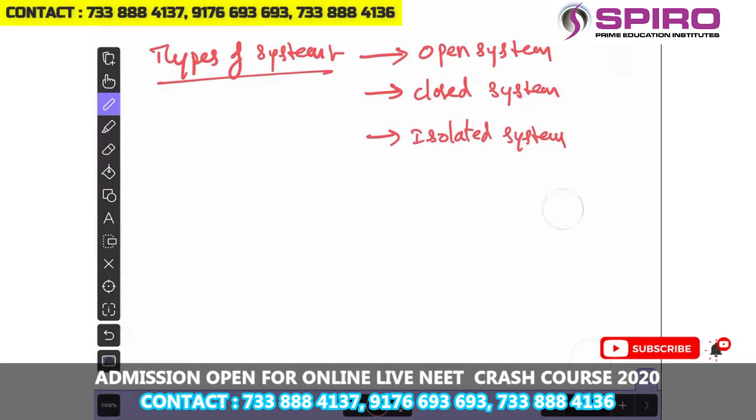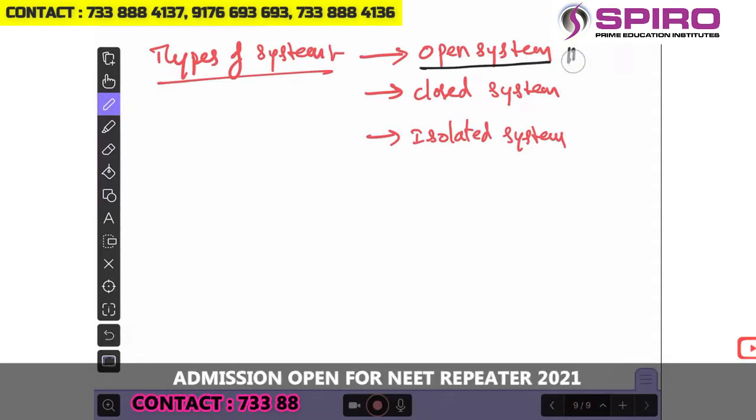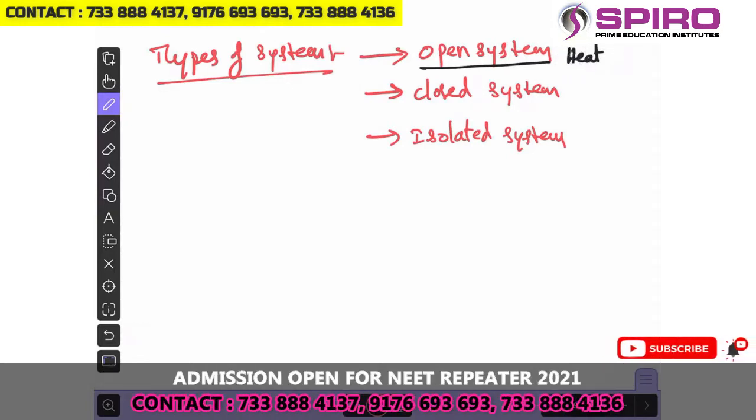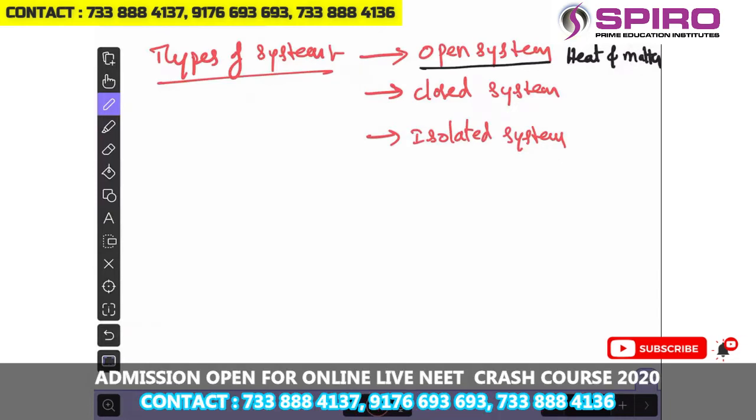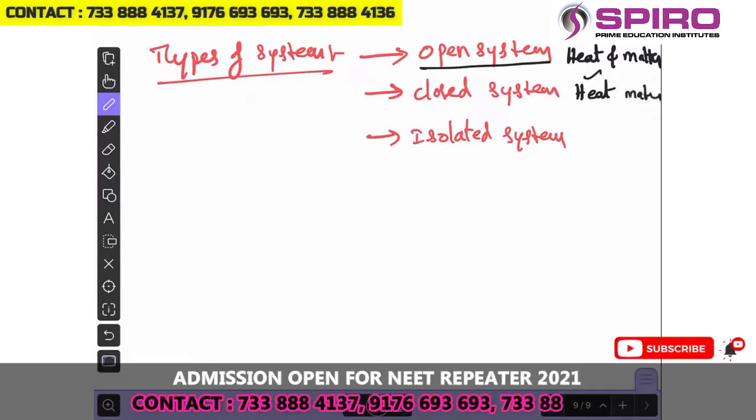What is the open system, what is the closed system, and what is the isolated system? Let us see. Open system means between the system and surrounding, both heat and matter exchange takes place. In the closed system, only heat exchange takes place, but matter exchange will not take place.